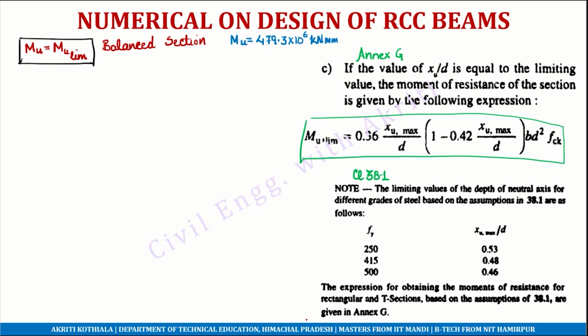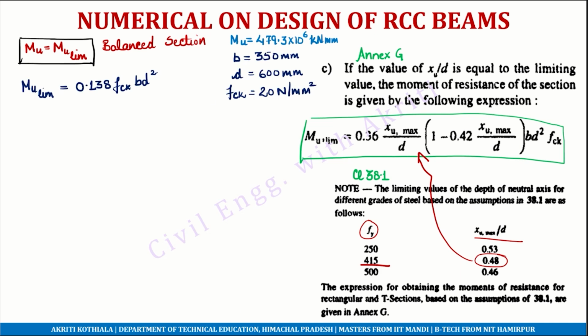And from clause 38.1, we know for Fe415, we have a value of xu max by d equal to 0.48. So substituting this value here, we get a new equation, which is 0.138 fck b d square. This will be equal to the value of Mu which we have calculated previously.